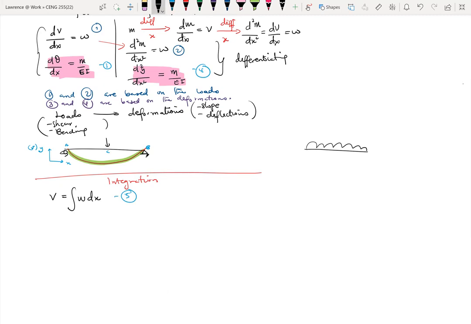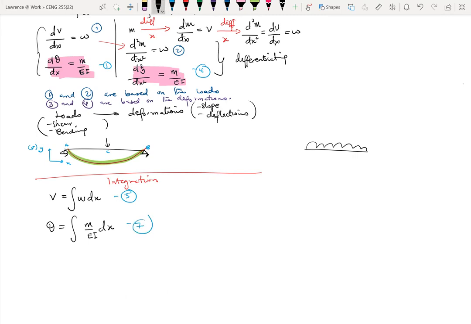If I integrate equation 3, then it means that my slope theta is equal to integral of M over EI dx. And this is the first theorem of the moment area method. Okay, so let me call this one equation 7 because I want to do that.